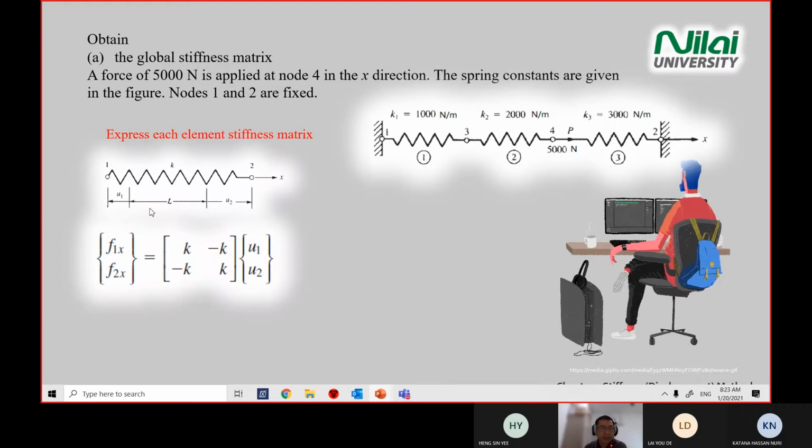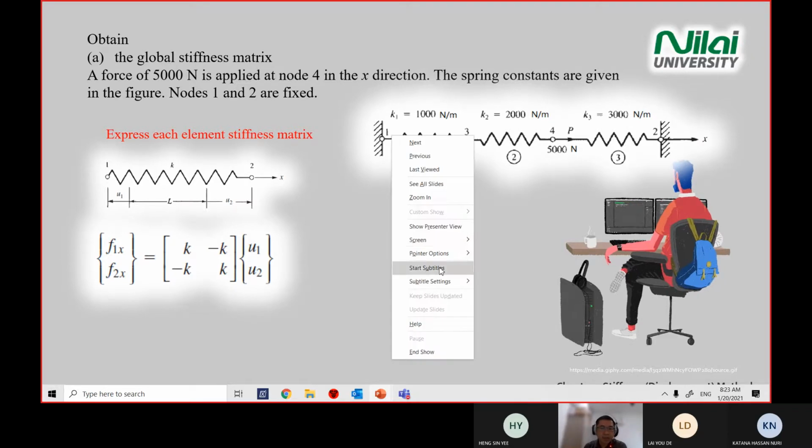It gives you this general stiffness matrix. So you have small f on the left, small k, and the displacement u because it's in the x direction. This basically comes as a pair.